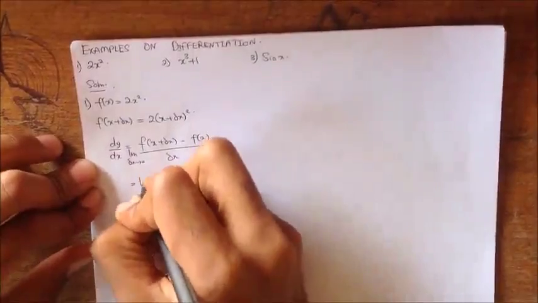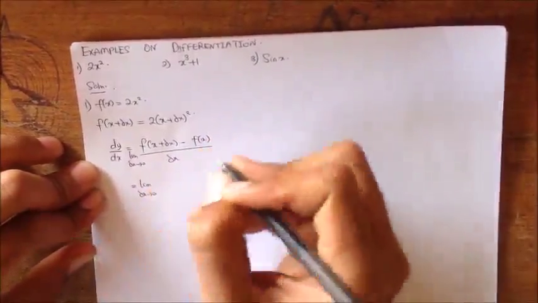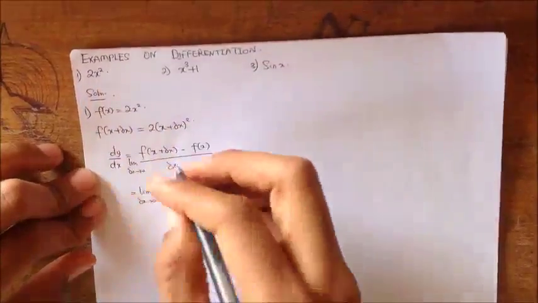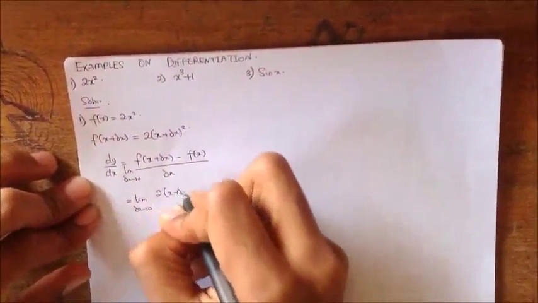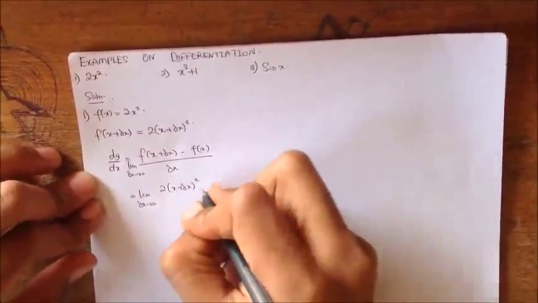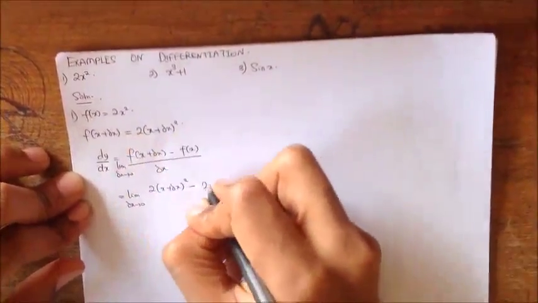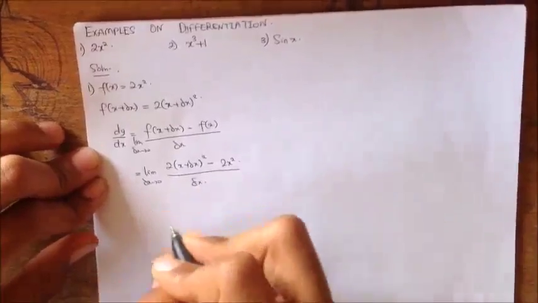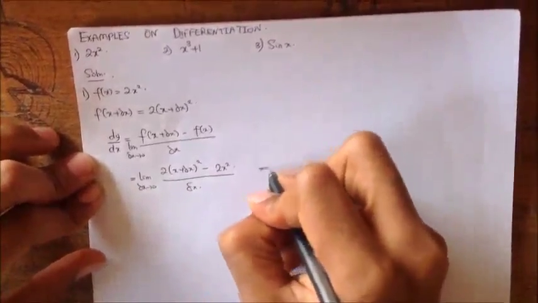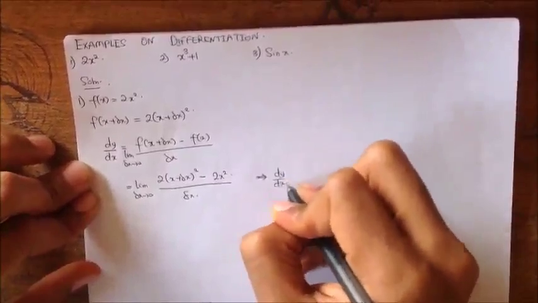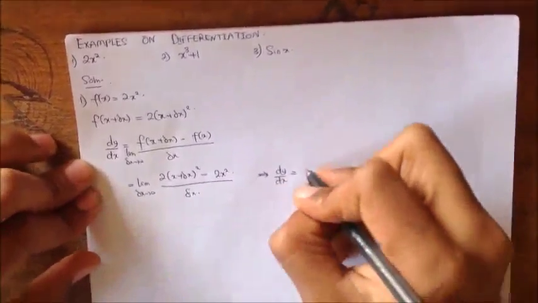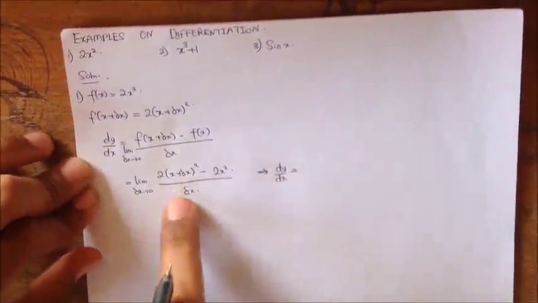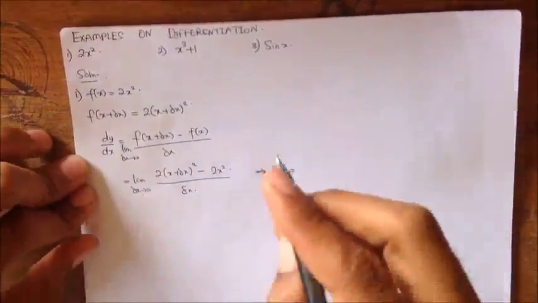So, the limit as delta x tends to 0 of my f of x plus delta x, which is 2 into x plus delta x squared, minus my f of x, which is 2x squared, divided by delta x. When I open this bracket, first I square, then I multiply by the 2 outside.